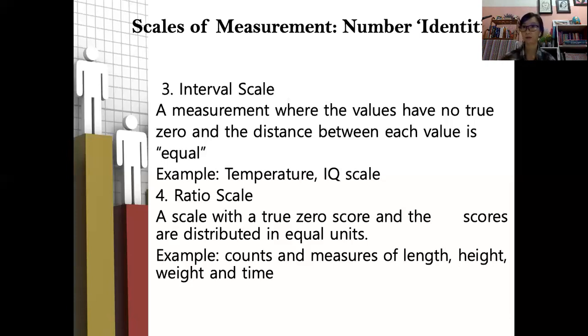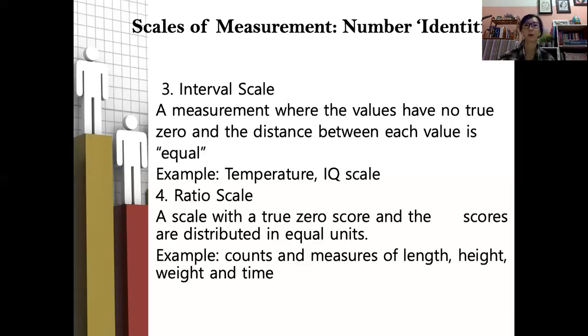Yeah, well, you can say that it belongs to these two, interval and ratio scale. But if you are dealing with something like gender, then it is nominal scale.